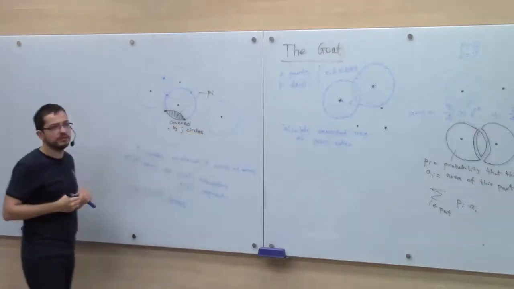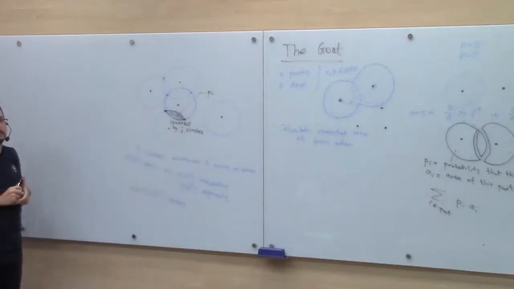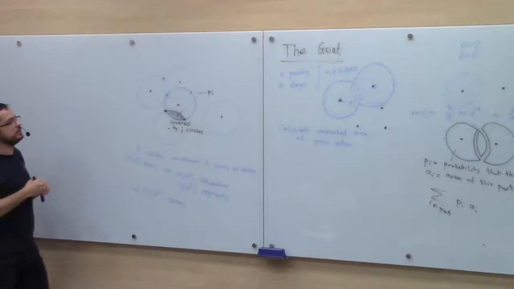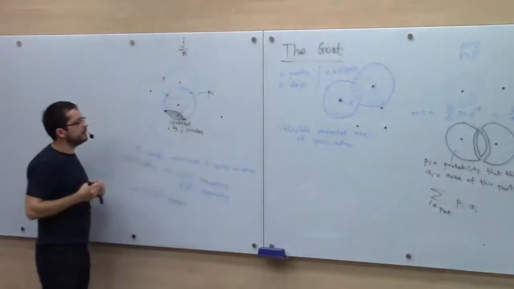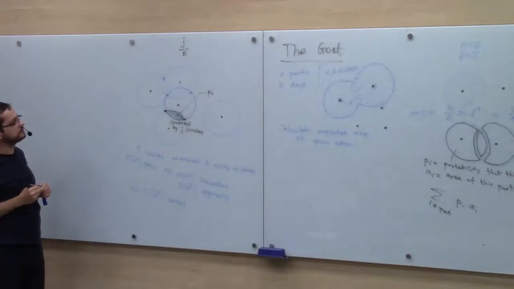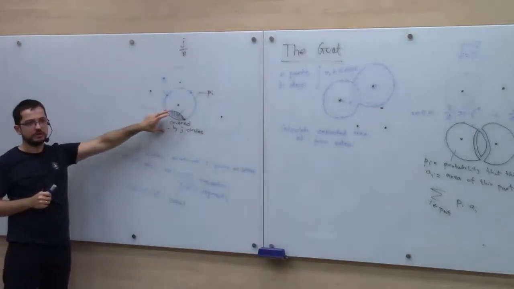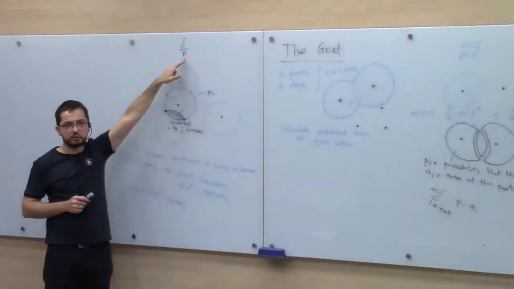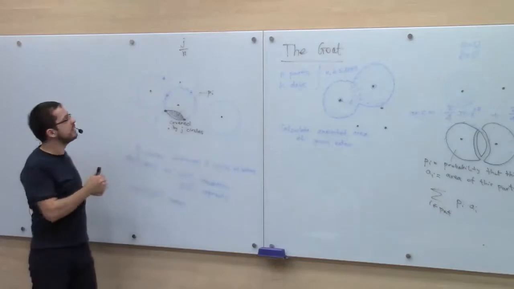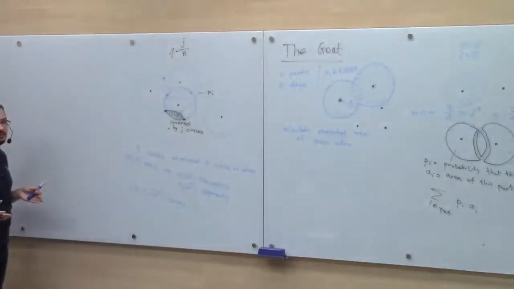So what is the probability that this part won't be eaten after 1 day? j divided by n means that this part will be eaten. So this is the probability that it will be eaten after 1 day. So 1 minus j over n is the probability that it won't be eaten.